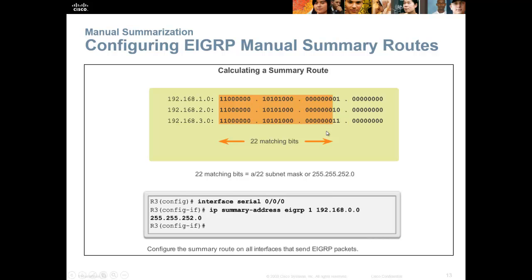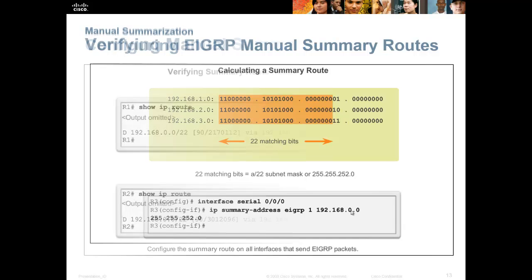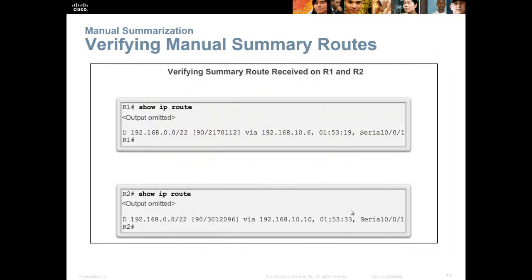So instead of having those 3 networks in my routing table, I could go to the interface and use the ip summary-address eigrp 1 command, with the autonomous system number and then the new summary address. And that would summarize the 3 networks that I know about that are on that end. So that's manual summarization. So then to verify, I can always do a show IP route on my routers. Here's one on R1, here's one on R2, and I can see that that network is in there.